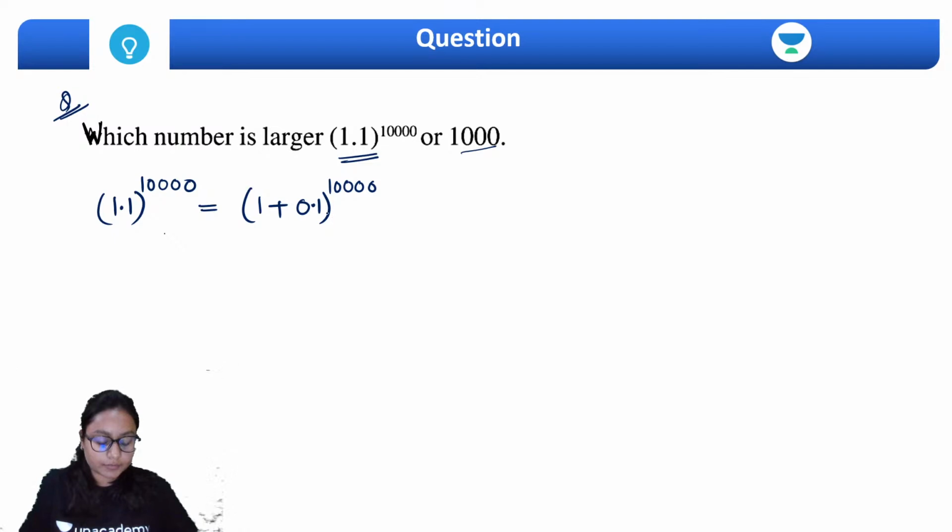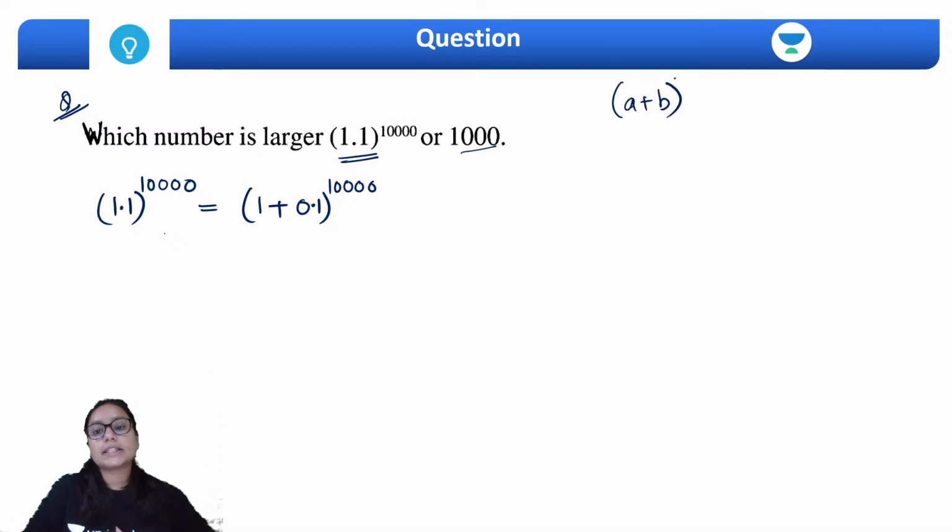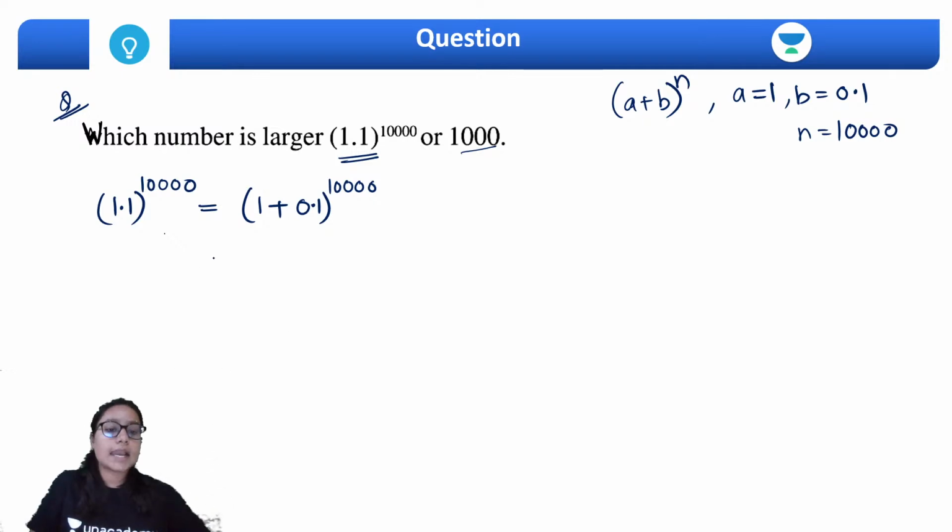Now I have written it in this manner, so I am going to use the binomial expansion (a + b) raised to the power n. If I compare this, I will take the value of a as 1, the value of b as 0.1 and the value of n as 10,000. Let us start.